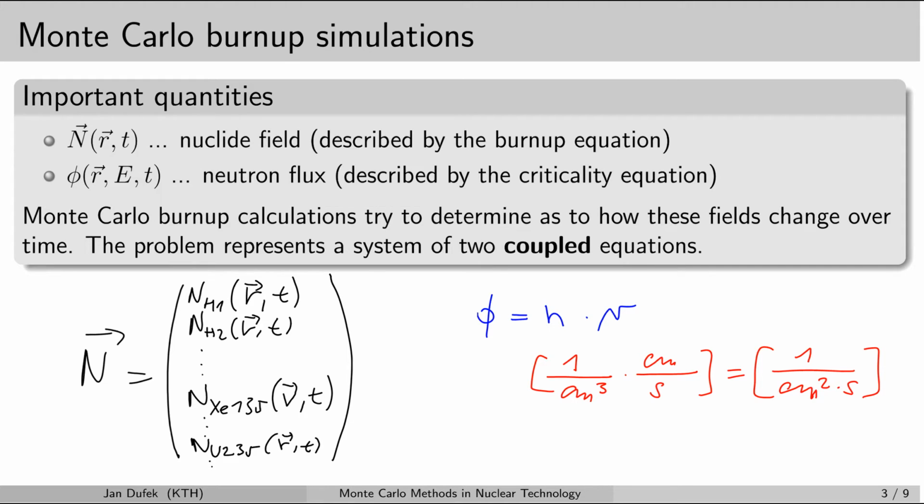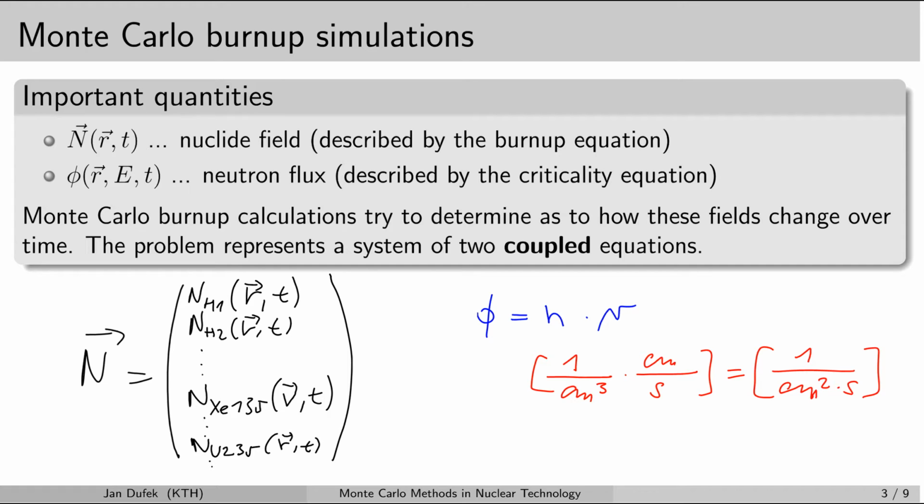And that actually makes it very easy for us to calculate the neutron flux in Monte Carlo simulation, because as we simulate the neutron transport, we can easily calculate the distance that the neutrons travel between the collisions. We can just combine these distances within the volumes in which we measure the neutron flux. Now, for the purpose of the Burnup simulations, we actually need neutron flux which is integrated over all the neutron energies.